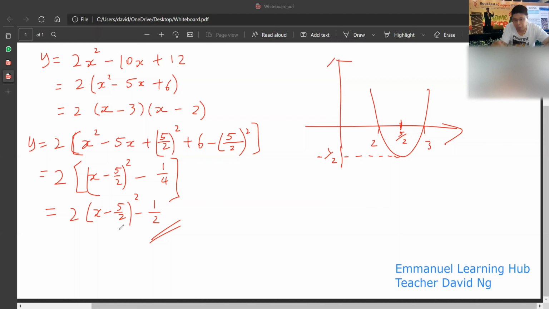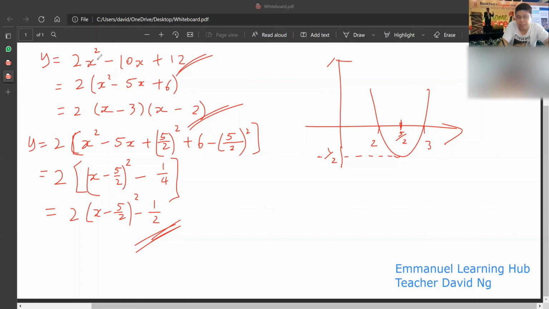So the purpose of completing the square is for you to transform the quadratic equation into this form. Because this, and this, and this, they are all the same equation in different forms only.